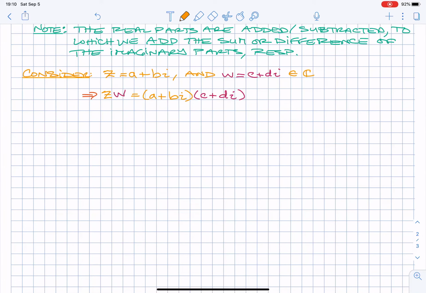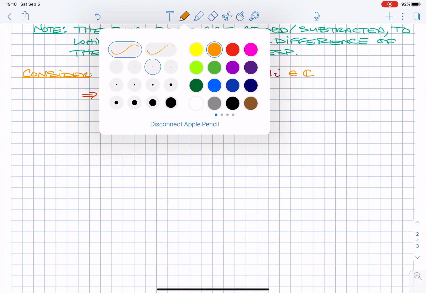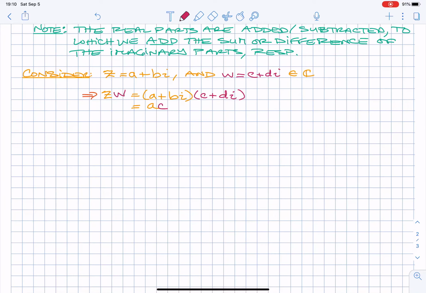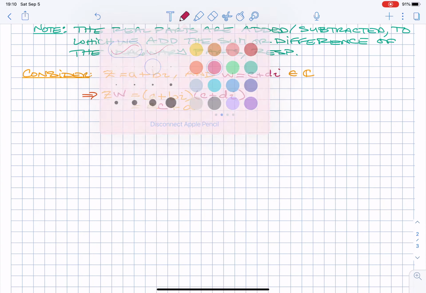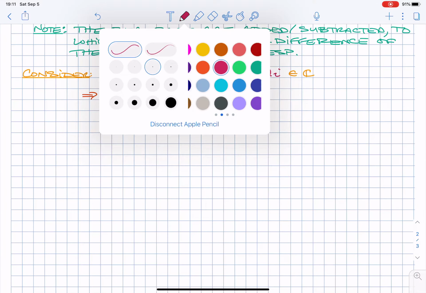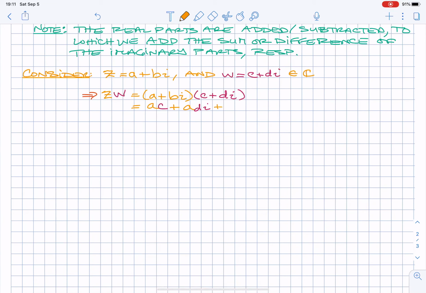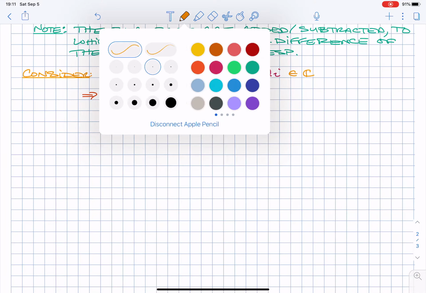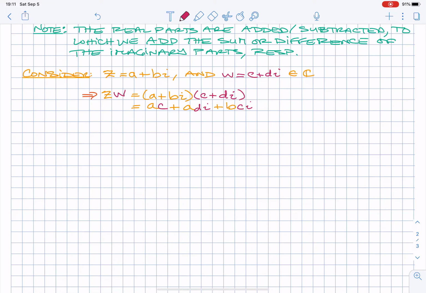And of course, if we FOIL that out, we get AC plus ADi plus BCi, B times C times i.